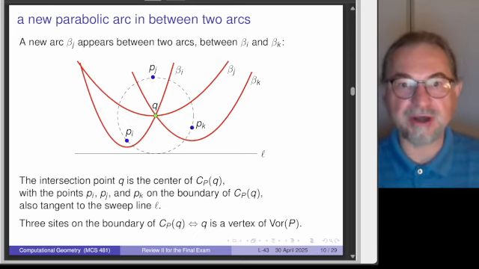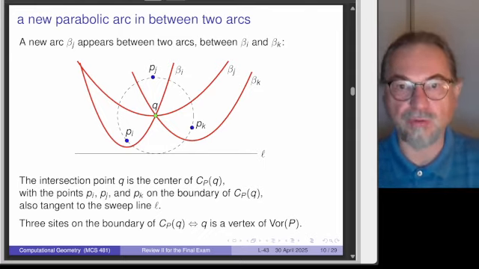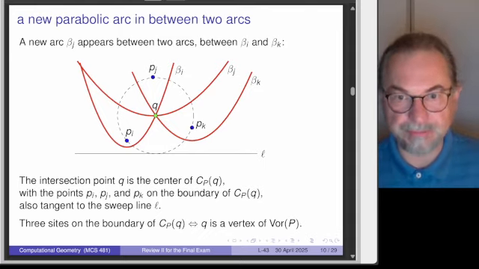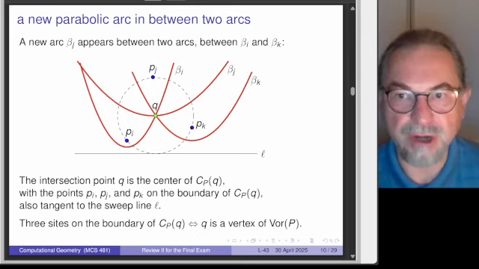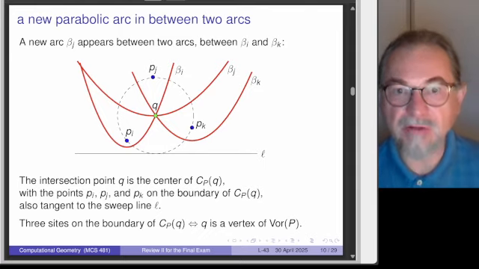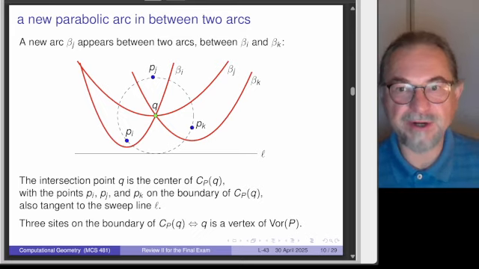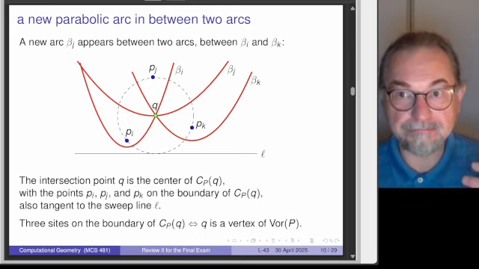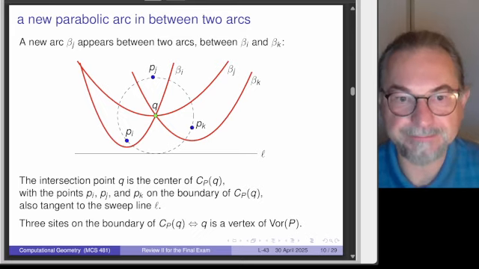The beachline is what is at the lowest part closest to the sweep line, the lower ends of these parabolas. Here we have a special situation where three parabolas intersect in the same point.